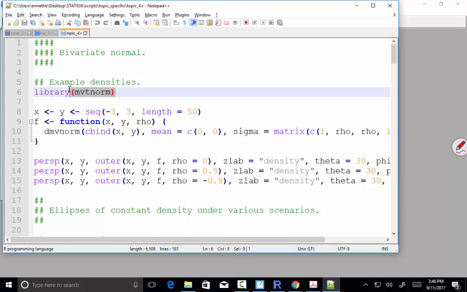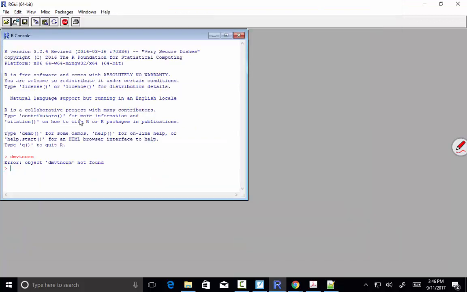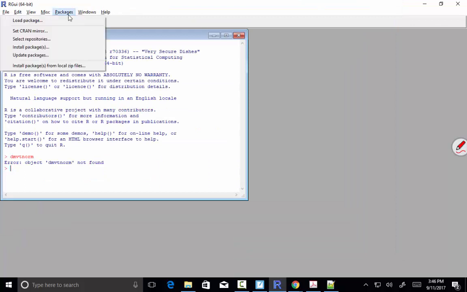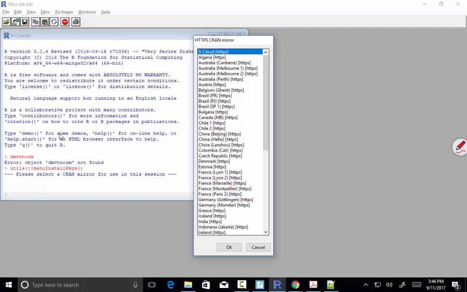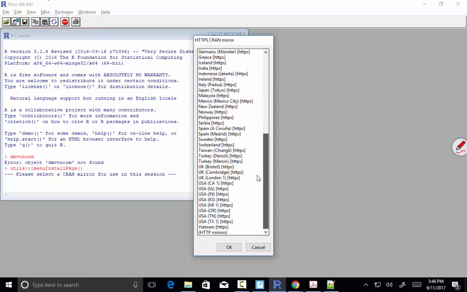And if you want to access that, what you have to do in R is use the packages interface and install that package. So let me show you what that looks like real quick. I want mvtnorm on this computer. I went to packages and then I selected install package. Then there's a bunch of places around the world where you can download from.